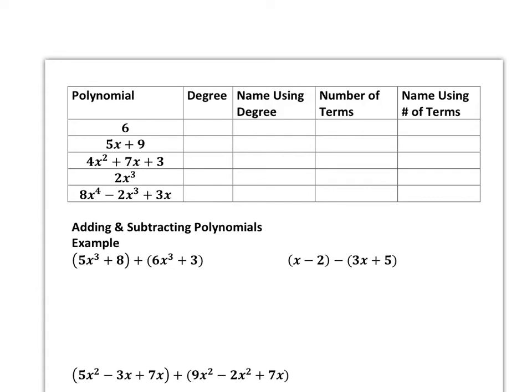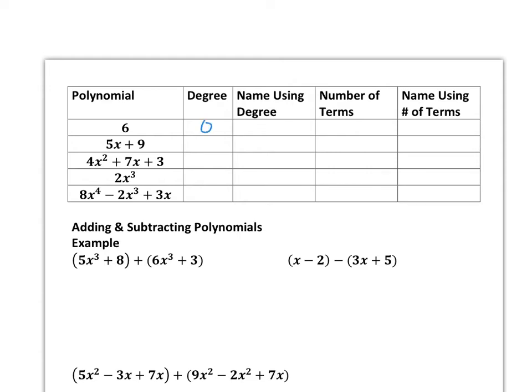So a polynomial is a monomial or a sum of monomials. So our first one here is 6. Well, 6 itself is a monomial. It has one term, but it's also a polynomial. Its degree, when we talked about degree of a constant, okay, degree of just a number, that degree is 0.